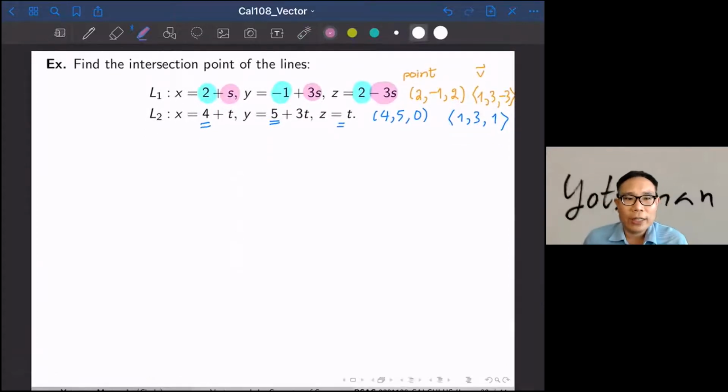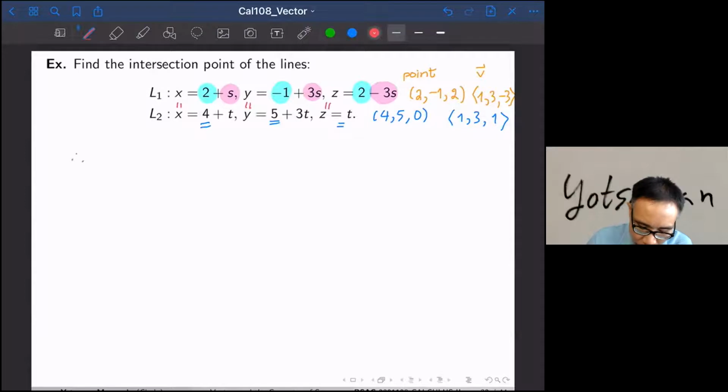So we would like to find the intersection point of the lines L1 and L2. In this case, you have x equal to 2 plus s, y equal to negative 1 plus 3s, and z equal to 2 plus 3s. The way to solve this kind of problem is to set x equal to x, y equal to y, and z equal to z.